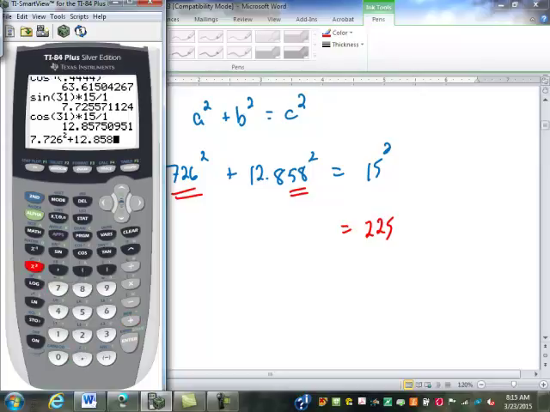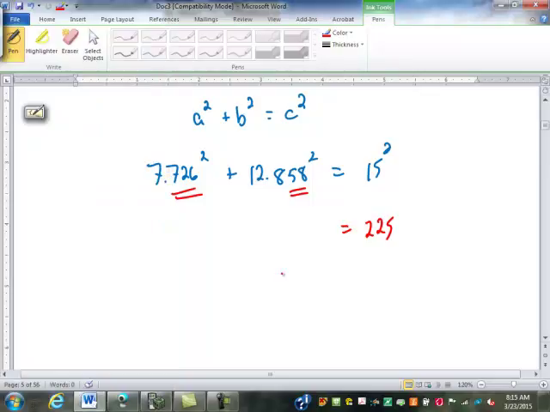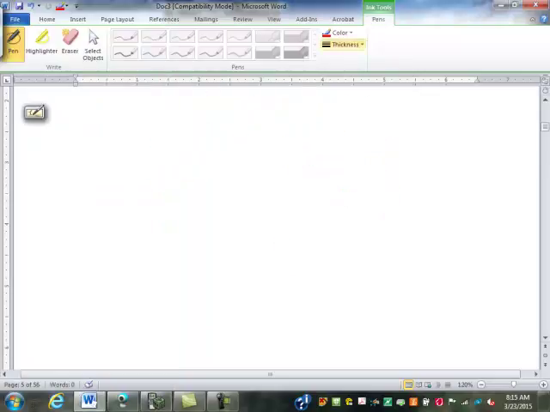I want something really close to 225. Now, both of these got rounded up, so I'm probably going to be a little bit more than that. And there it is, 225.02. I'm probably close enough. Now, I said that on those we didn't really need the proportion, but there are some that we will.